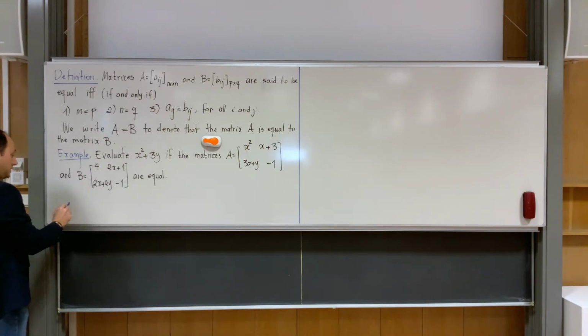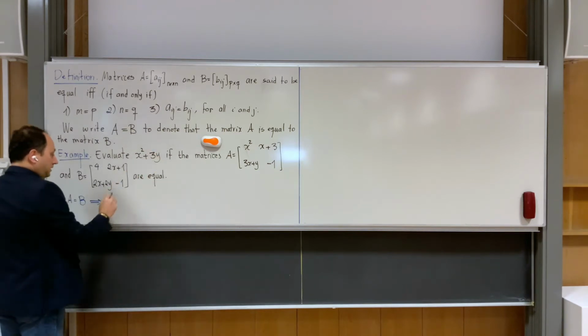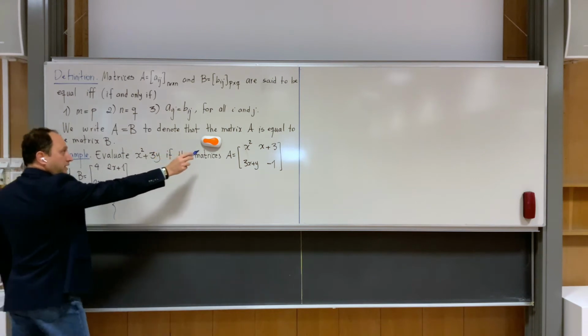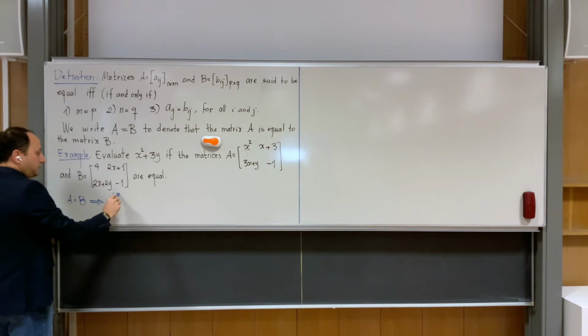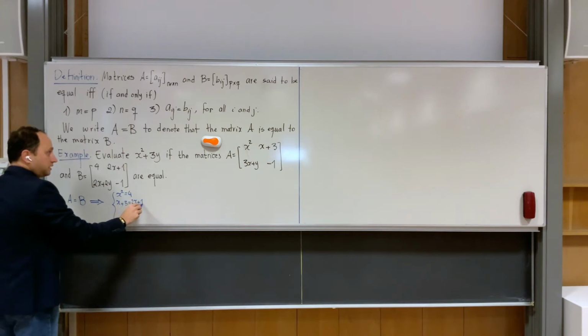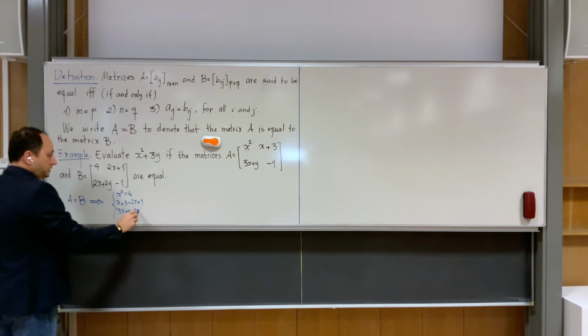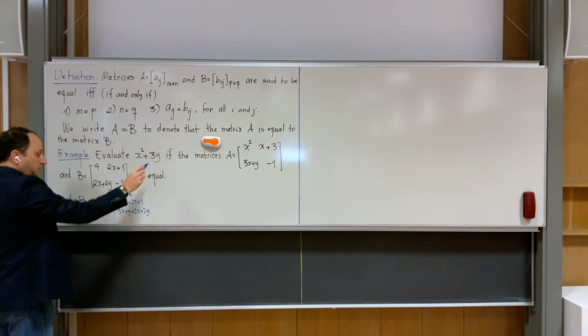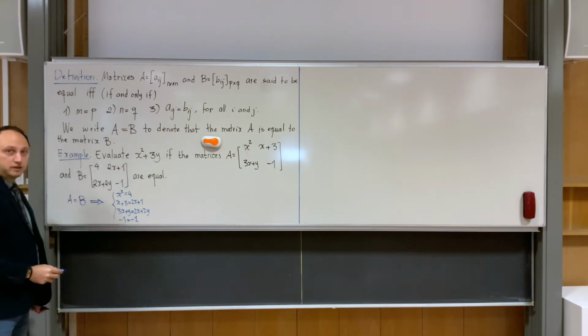So I would say that A is equal to B. This will imply that I have x squared, the first entry here should match with this corresponding entry here. x squared should be 4, 3x plus 3 should be 2x plus 1, 3x plus y should be 2x plus 2y, and finally minus 1 should be equal to the last one here, which is also minus 1.